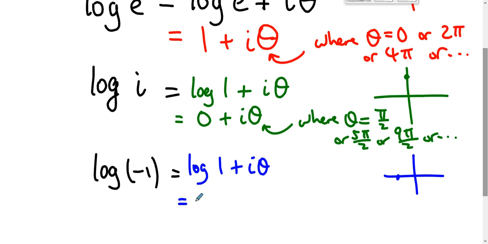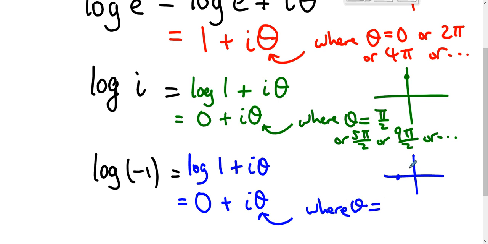So that's 0 plus i theta, where theta is pi, or swing around another 2 pi, or swing around another 2 pi. This is so very weird.